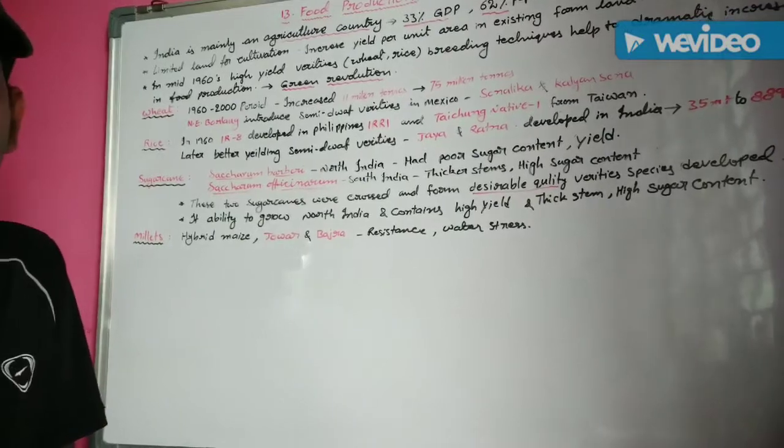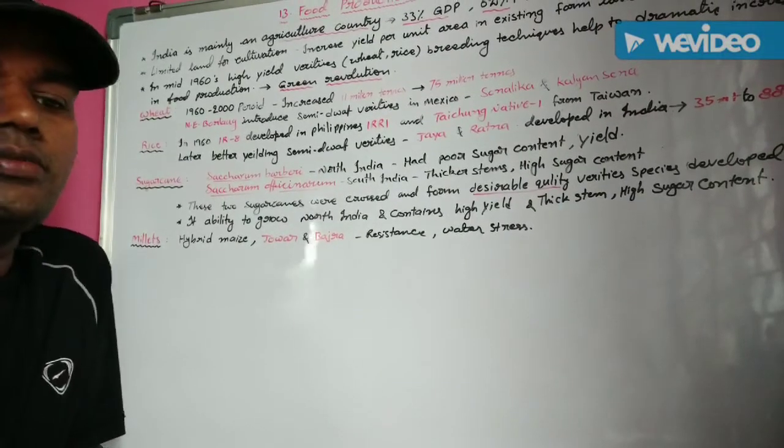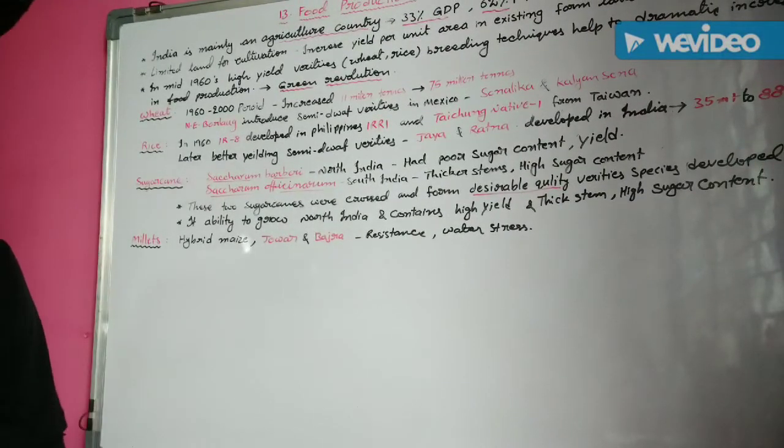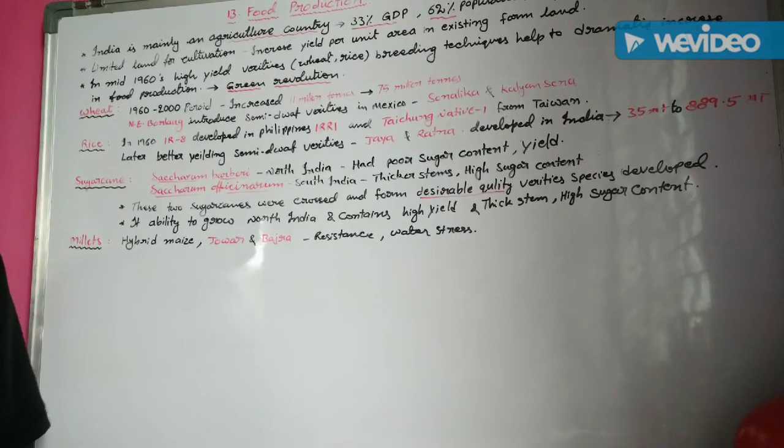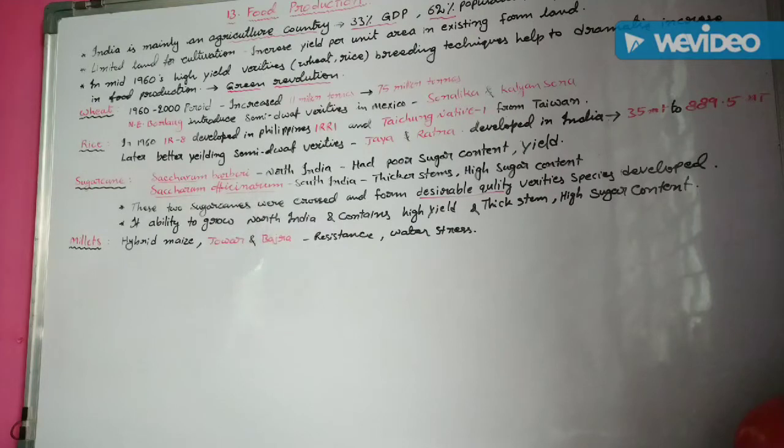plant breeding varieties have been introduced in the agriculture field. The first one: India is mainly an agriculture country, because agriculture is the main employment in India.